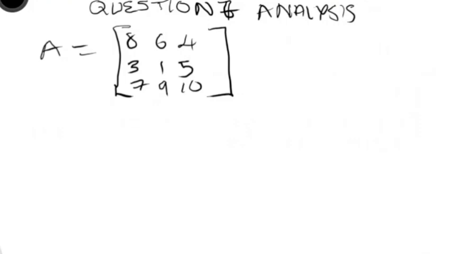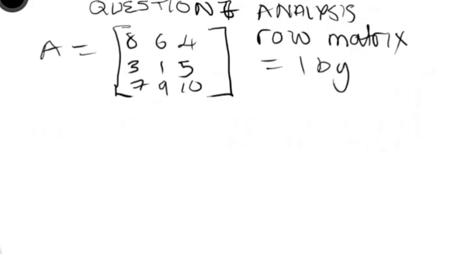So the first thing we would want to do for us to properly solve this question is to convert it into a row matrix or a row vector. What I mean by a row matrix is that you convert this 3 by 3 into a 1 by 9, since 3 times 3 is 9.